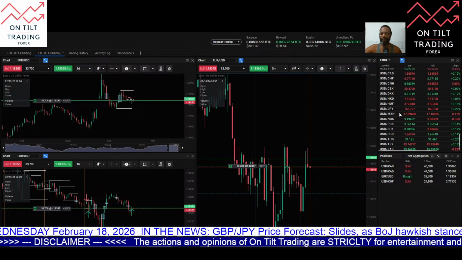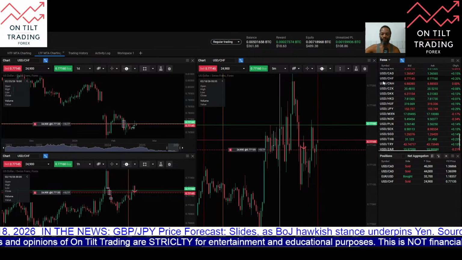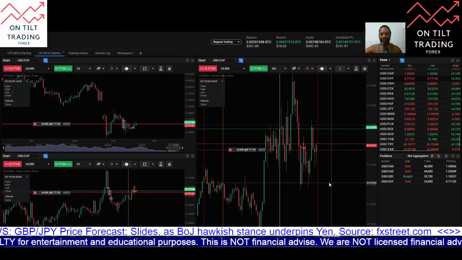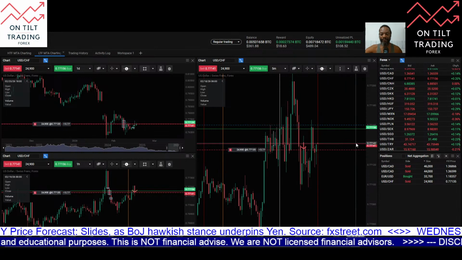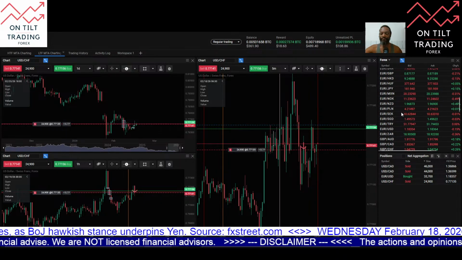I'm going to go back to dollar Swiss. Still showing this buy side delivery here. Now consolidating, maybe back to sell side. Okay.